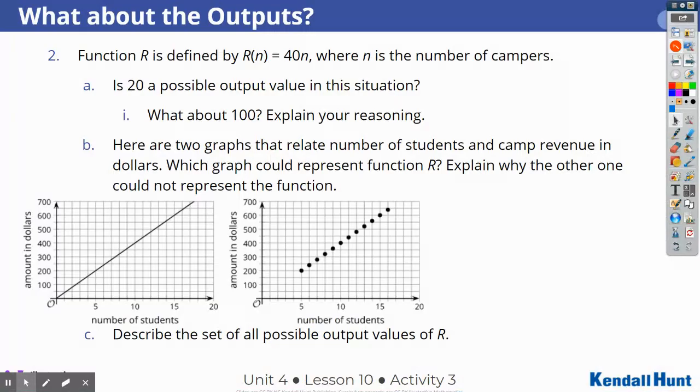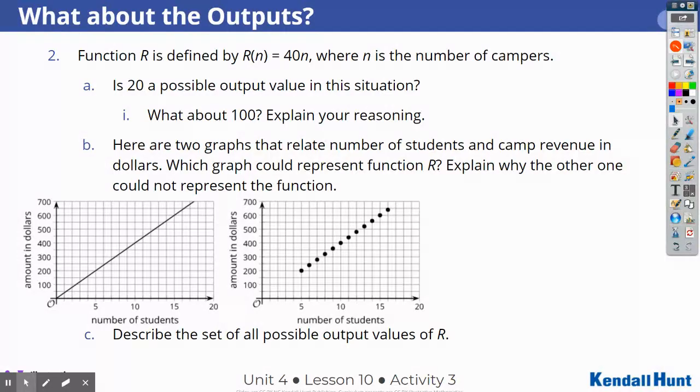All right, another function was about the campers. So this still follows the same rules as before. You have to have at least 5 campers and no more than 16. And our function is still R of n equals 40n, where n is the number of campers. So is 20 a possible output value for this situation?